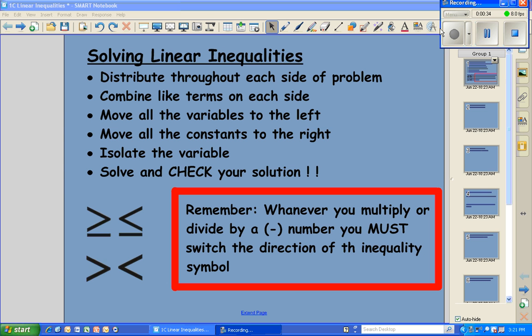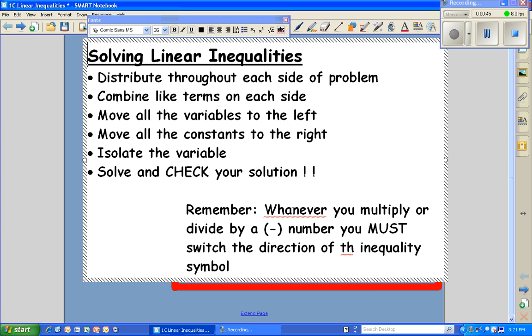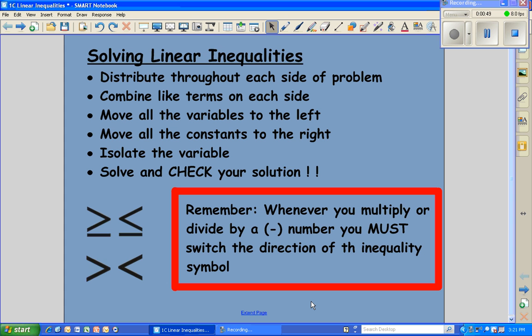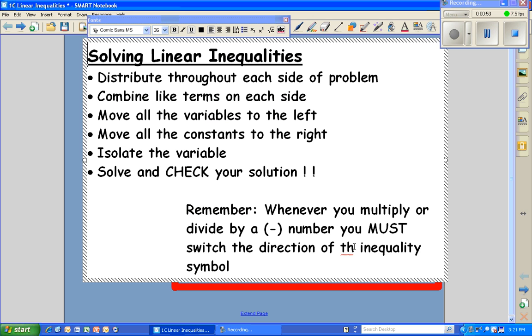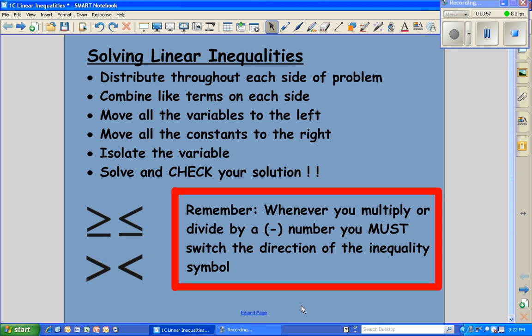The difference between solving a linear inequality and solving a linear equation is that you've got to remember that whenever you multiply or divide by a negative number, you have got to switch the direction of the inequality symbol. So if you are working things out and you have to divide each side by 5, then you leave the inequality symbol alone.